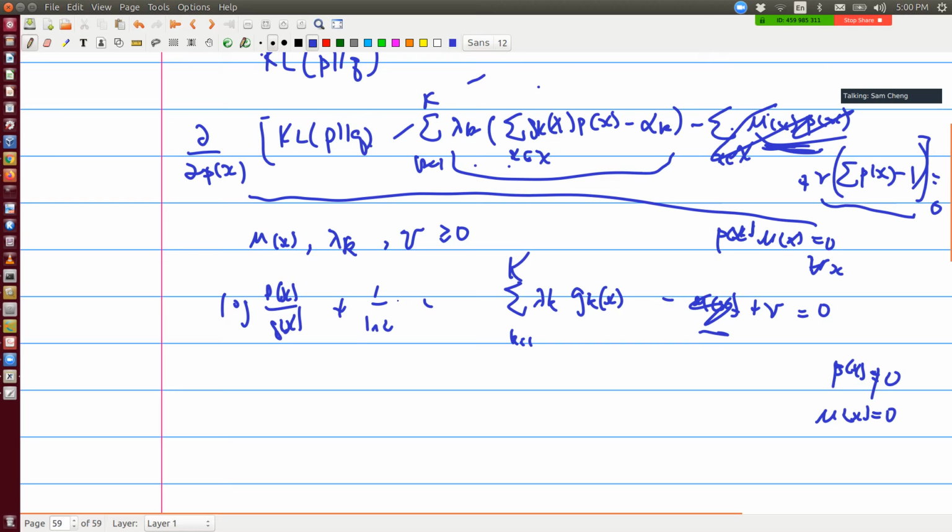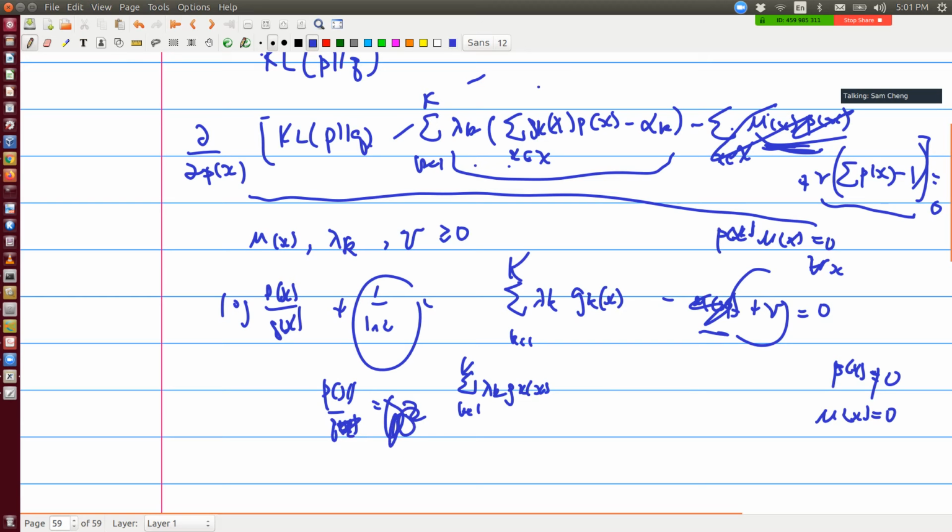So therefore, this is constant here. Then I have px over qx is just equal to 2 to the power of this lambda k gk p1k times some constant. That constant doesn't matter. Let's move qx up here.